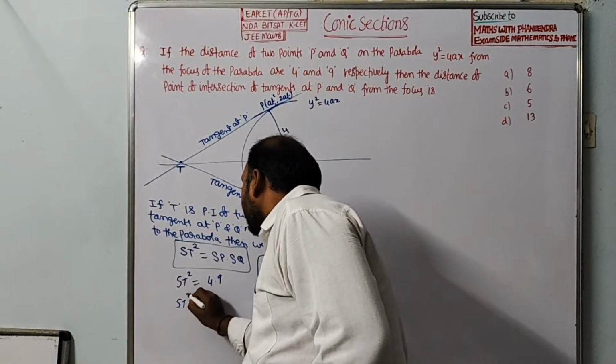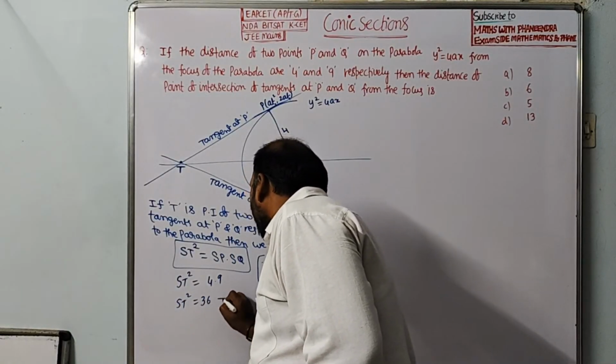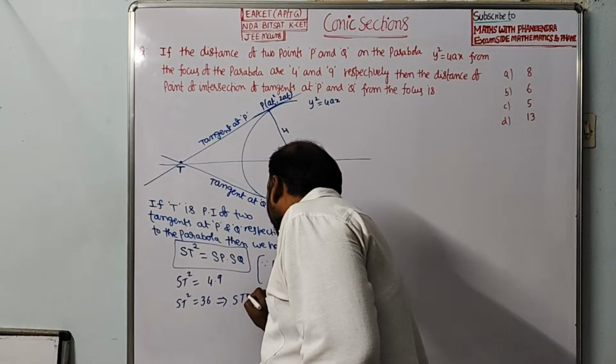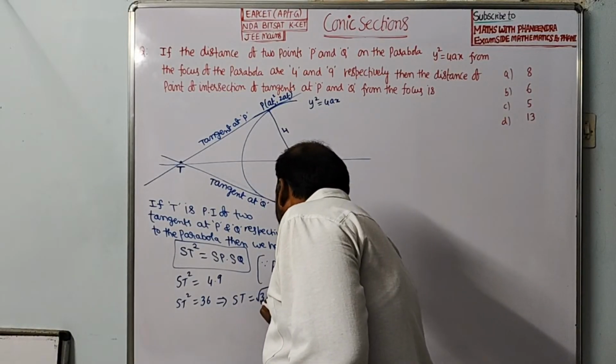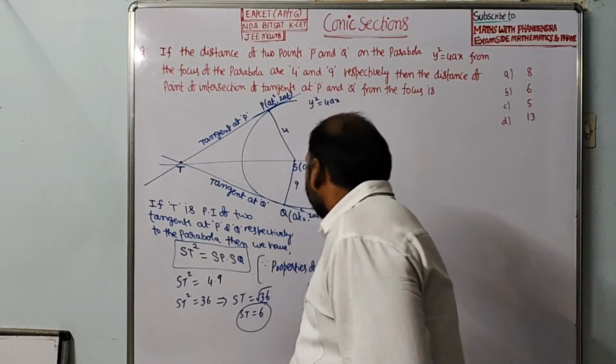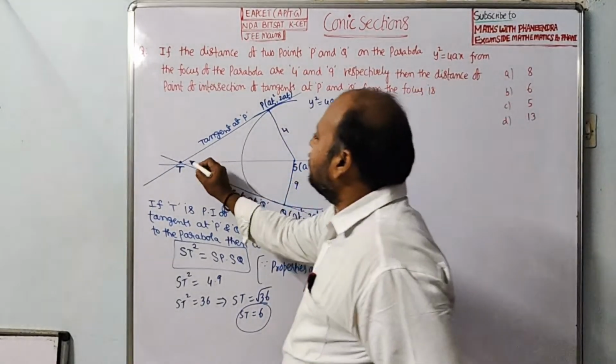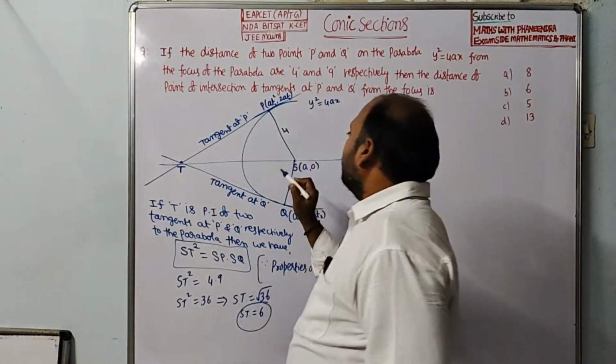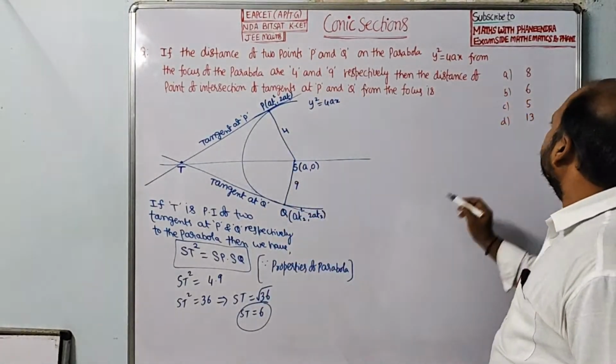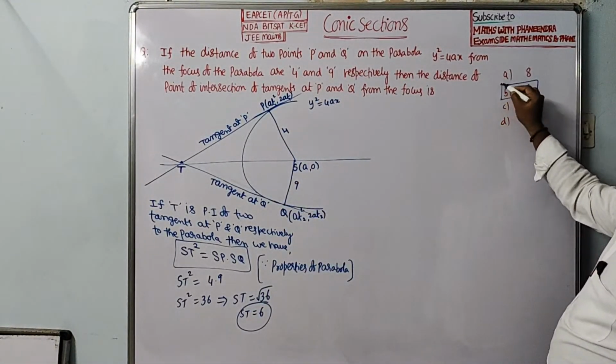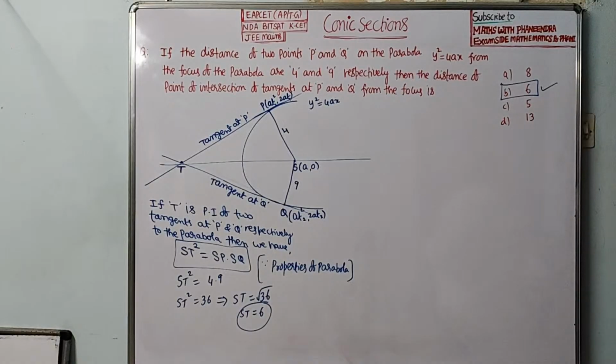So ST square is equal to 36, that implies ST equals root 36. Therefore ST is equal to 6. So our answer, the distance from here to here, is equal to 6 units. It is there in the second option, dear students. I hope you understand. We'll move to the next question.